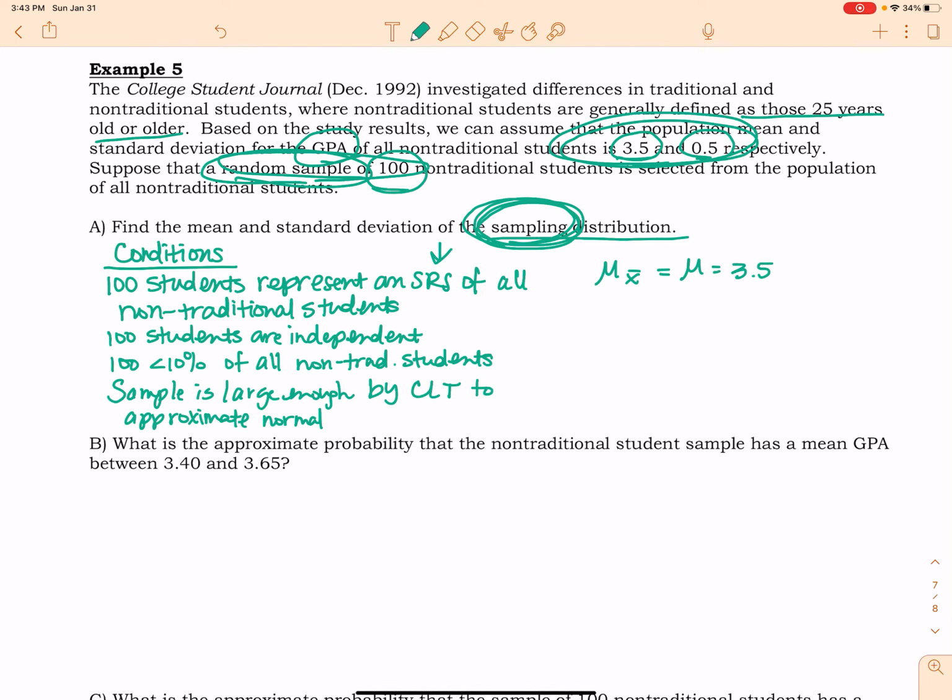My standard deviation is going to be 0.5 divided by the square root of 100 because there are 100 individuals. And so my sampling distribution for all samples of size 100 non-traditional students would have a mean of 3.5 GPA with a standard deviation of 0.05. That is your answer to part A.